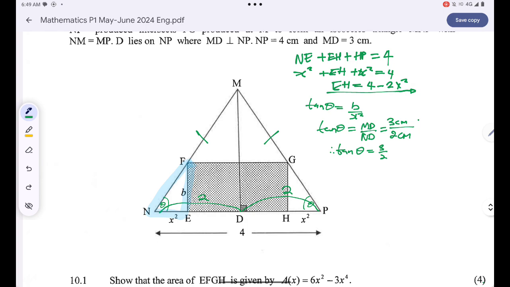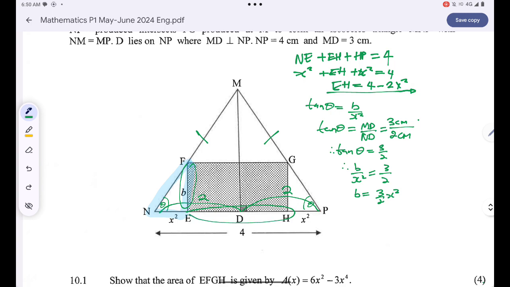But remember that I found tan theta to be equal to something else, which simply means that B over x squared is equal to 3 over 2. Remember, I'm looking for B. That simply means B is equal to 3 over 2 x squared. I now know the value of B, and I know the size of EH as well.